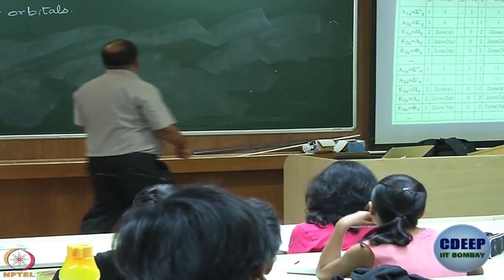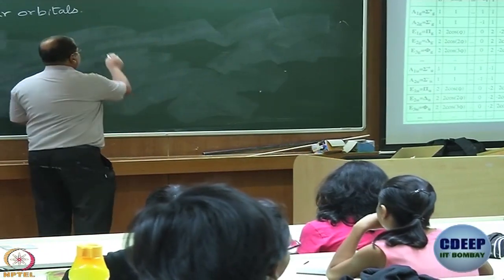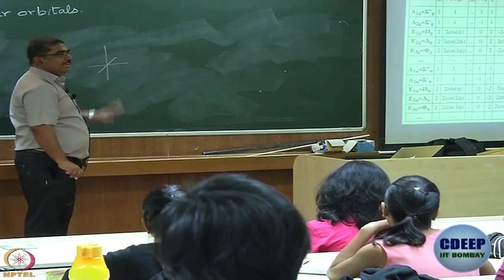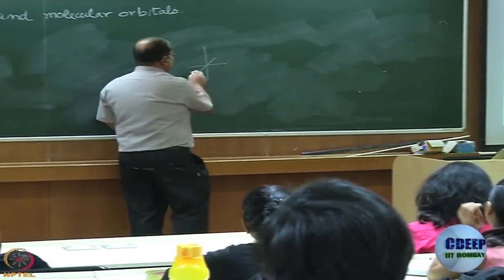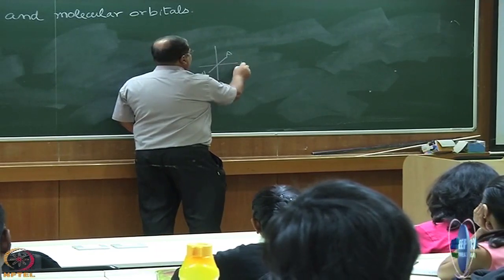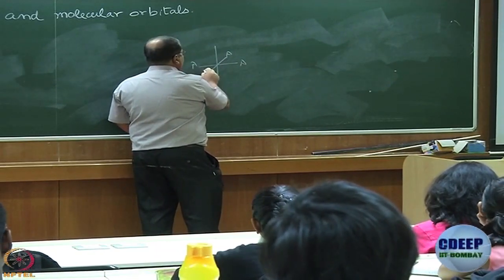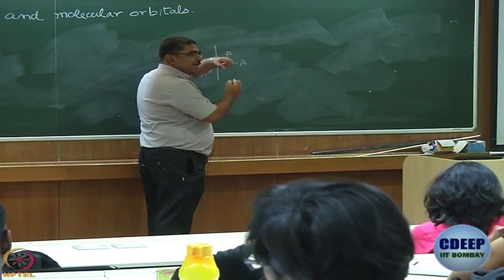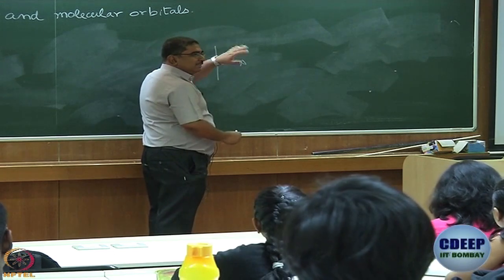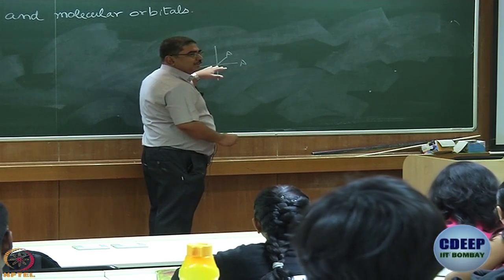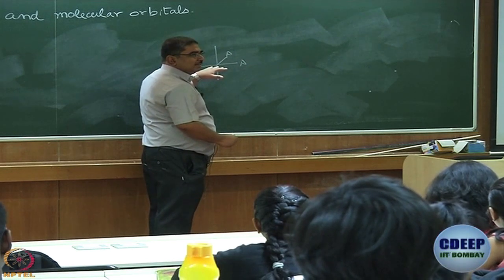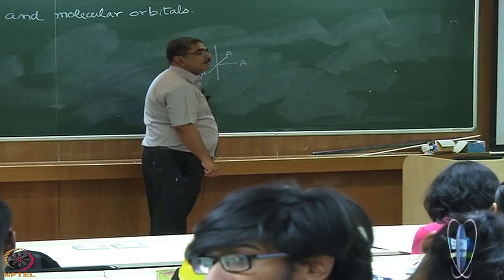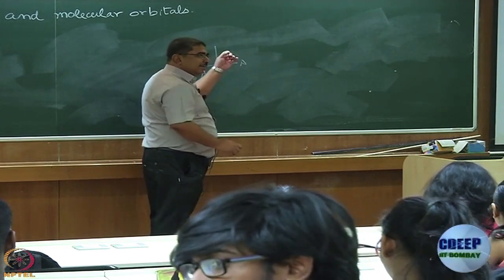Oh, we erased it. You do not have a problem, right, if I just write A everywhere. Now, if I write A, well, in Jahn-Teller distortion, what I am saying is that these two axial ligands have been pulled out. That means they are distinct from the equatorial ligands, right? The bond is longer, right?